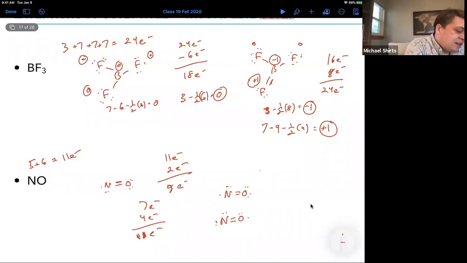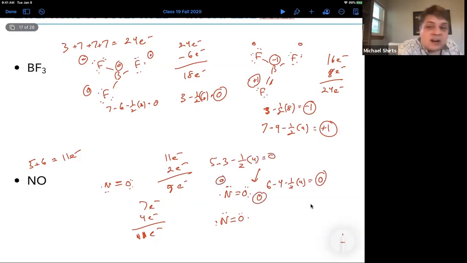So in this first case, oxygen is going to have 6 minus 4 minus 1/2 of 4 equals a formal charge of 0. And nitrogen is going to have 5 minus 3 minus 1/2 of 4 equals 0. Nitrogen has a formal charge of 0, and oxygen has a formal charge of 0.